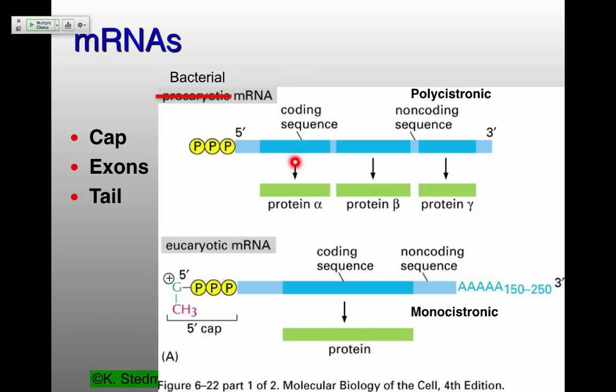On the other hand, here, these are completely different proteins, usually made on one messenger RNA. That messenger RNA has a triphosphate at the 5' end, and it's usually being translated as it's being transcribed. That's because bacteria and archaea don't have a nucleus. The ribosome and the RNA polymerases are in the same compartment, acting at the same time.